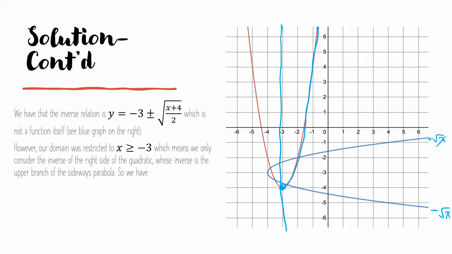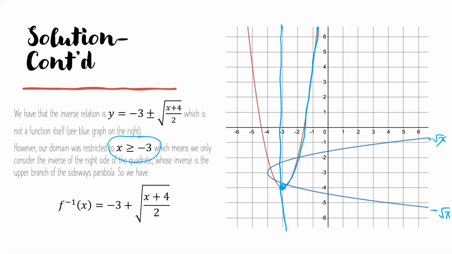So if I focus my attention on the right of the parabola or the left of the parabola, then I will end up with just one side of the inverse relation, which itself will be a parabola. So in our case, that's why we restricted it to the right of negative 3, because that would ensure that my inverse is actually just the upper branch of the sideways parabola, which itself would be a function.